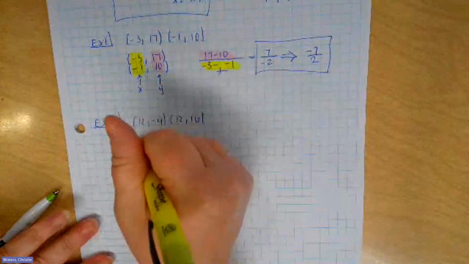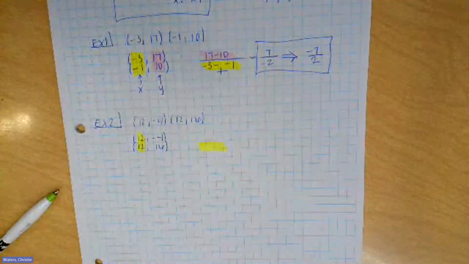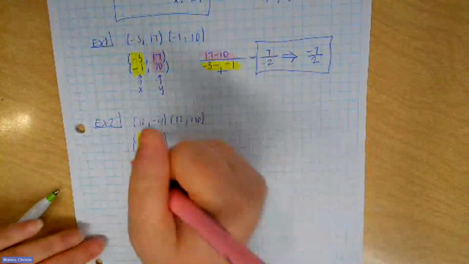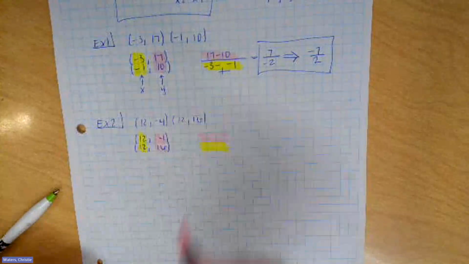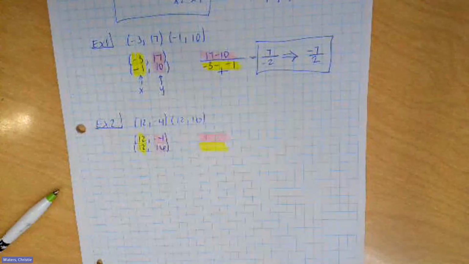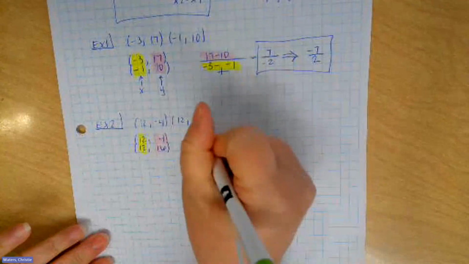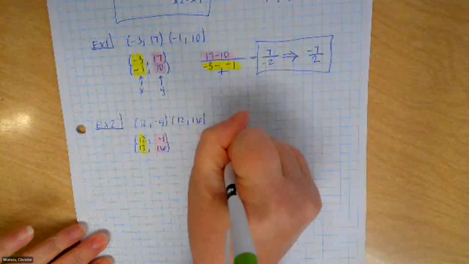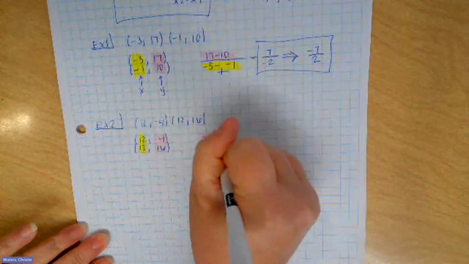So I'm going to make my X's yellow and those go on the bottom. And my Y's are pink. Those go on the top. All right, so on the top, I do negative 4 minus 16. And on the bottom, I do 12 minus 12.